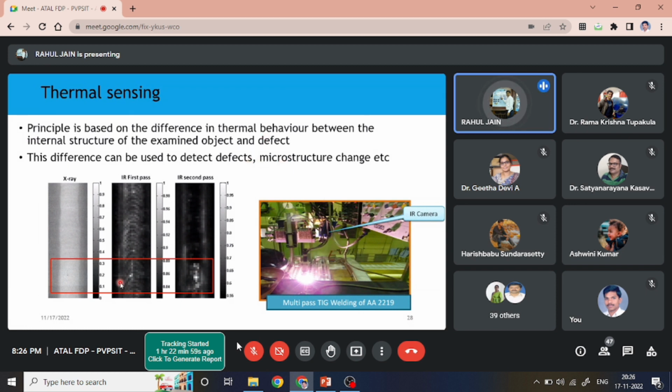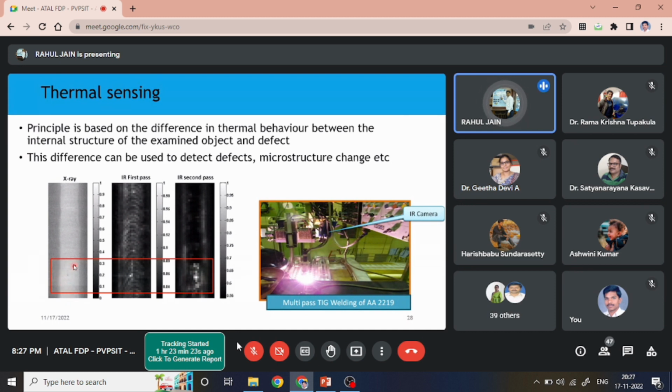And with this, what can be done? Please see again, this is another type of analysis by which you can do the defect analysis. Again, different types of defect, but primarily in this case porosity. So what you see, if you have an IR first pass or second pass, meaning first layer or second layer, depending upon intensity, you can find some defect which is coming over here, which is not in this particular case.